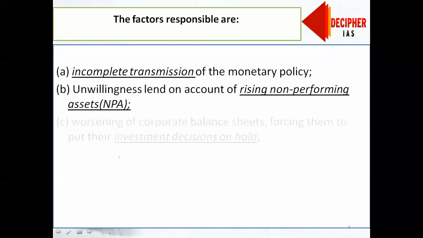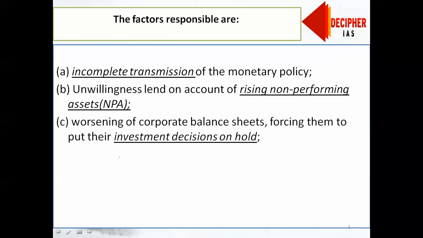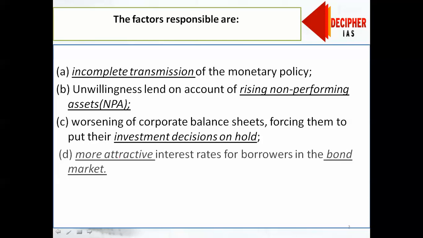The third one is the worsening of corporate balance sheets, which is forcing them to put their investment decisions on hold. When they are not able to earn much profit due to reduced demand, how can they pay for the loans? And the next point is the more attractive interest rates for borrowers in the bond market, meaning borrowers can borrow at a much lower rate than the bank is giving them. So these are the factors responsible for the decline in the growth of credit uptake.